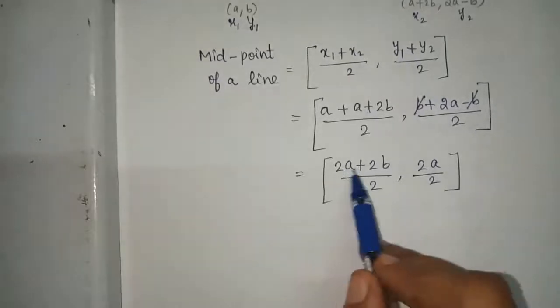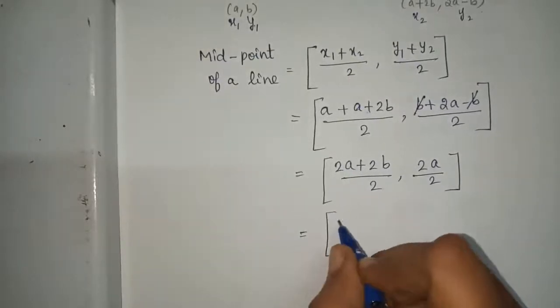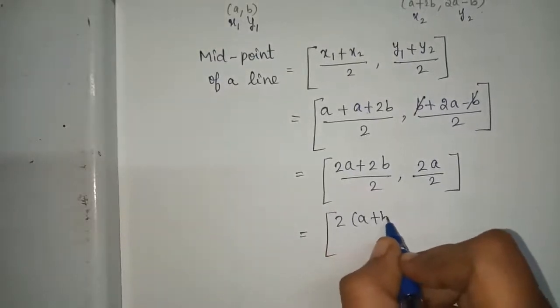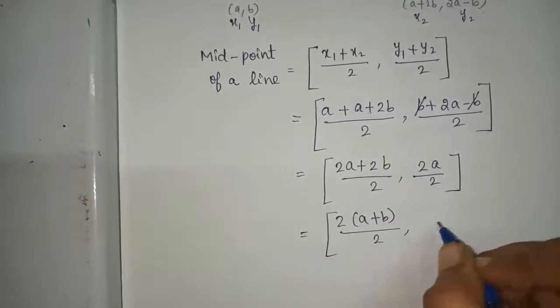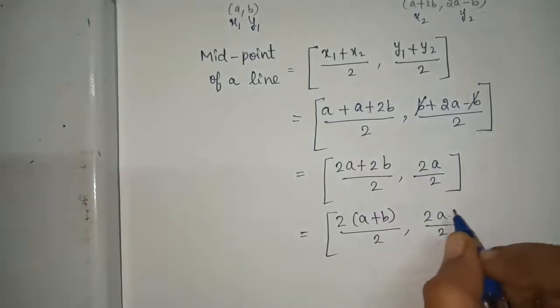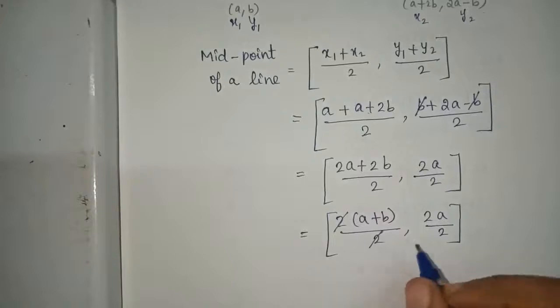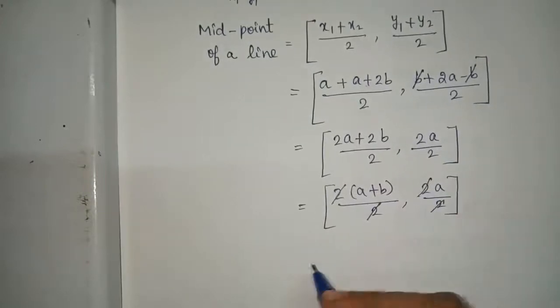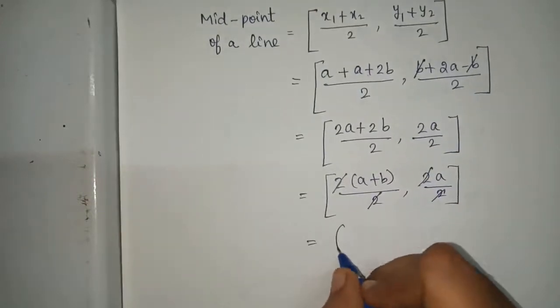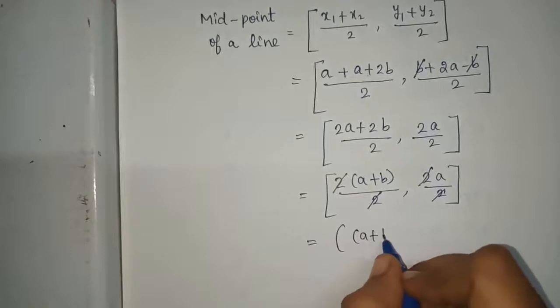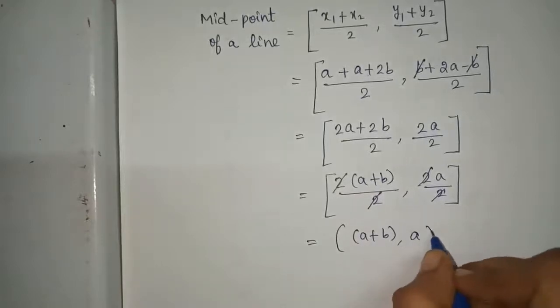If you take 2 common out, you get 2 into A plus B divided by 2 comma 2A by 2. Here the 2 gets cancelled, and here also the 2 gets cancelled. So you get the midpoint A plus B comma A.